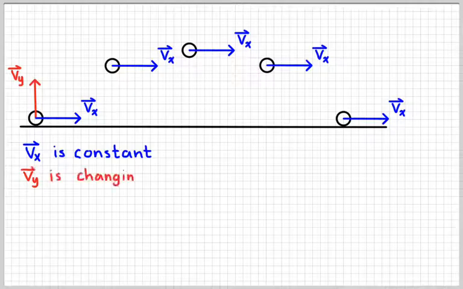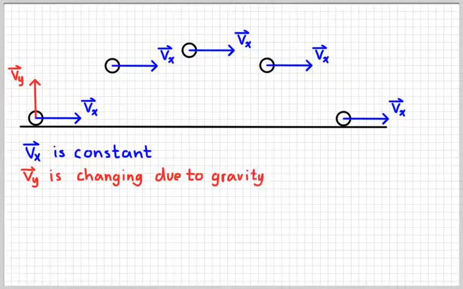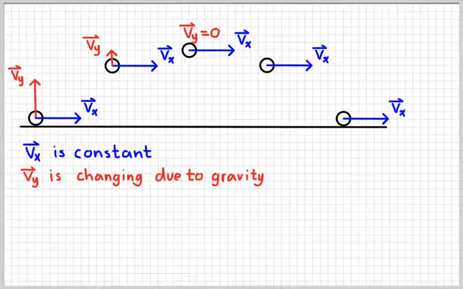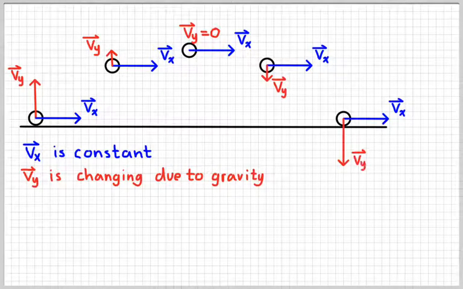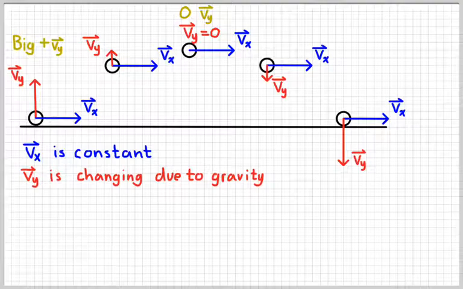The vertical velocity, however, is changing because of gravity, accelerating downwards. So as we go up, our velocity gets smaller. When we reach the maximum height, it's 0, and then coming back down, it increases again. So we go from a big positive vertical velocity to 0 vertical velocity to a big negative vertical velocity.